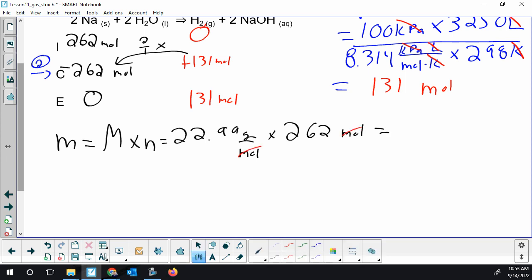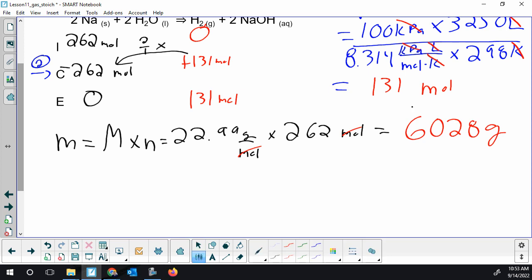Moles and moles cancel. We're going to get our mass. Now we made over 3,000 liters, so we're going to get a fairly significant mass. I've got too many digits. I'm going to have to round that, but I got 6,028 grams are required. I'm going to round this to 3 sig figs.